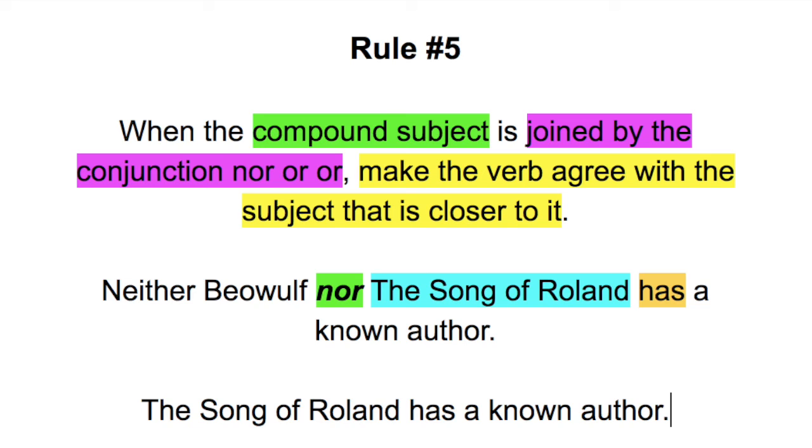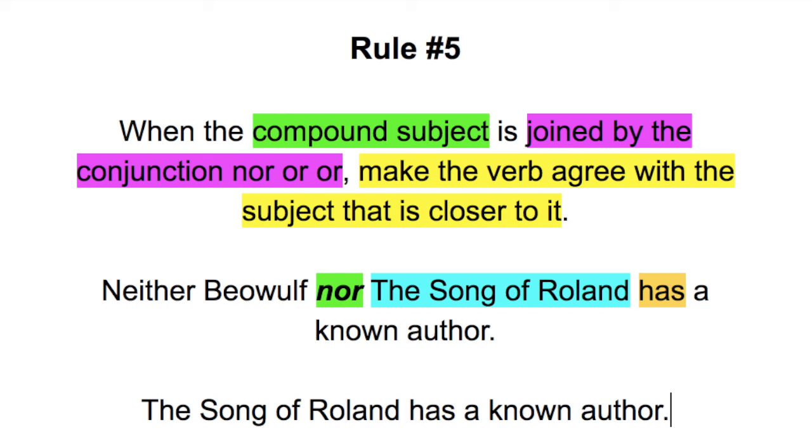Before, we were talking about a compound subject joined with and, meaning that makes it plural, Shakespeare and T.S. Eliot. Here, we say neither nor, which means one or the other. So when you have neither nor or either or, you go with the subject closest to the verb.